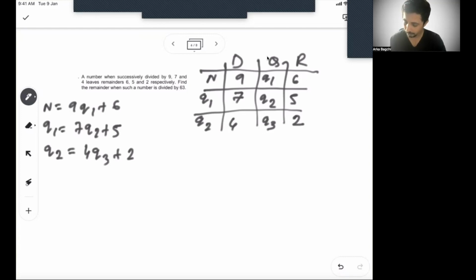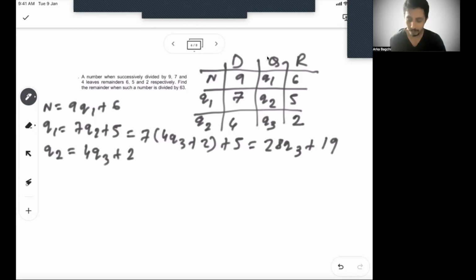So I can replace Q1 in terms of Q3: 7 into 4Q3 plus 2, plus 5. That is 28Q3 plus 14, 14 plus 5 is 19. So Q1 is 28Q3 plus 19.